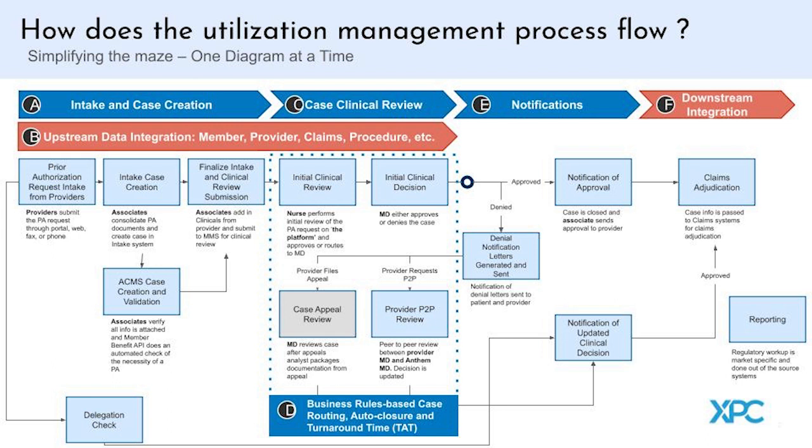And what's interesting, and this is fascinating, it's a chicken and egg problem sometimes. Do I submit a prior auth because the member does not have the benefit? Or once I submit the prior auth, will the team on the payer side check for benefits and approve? And sometimes you don't know the answer.